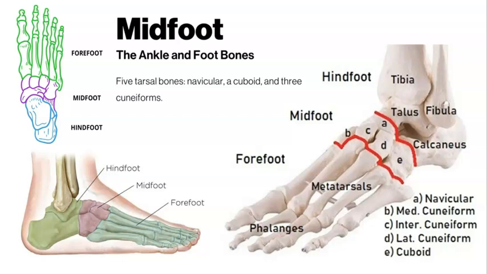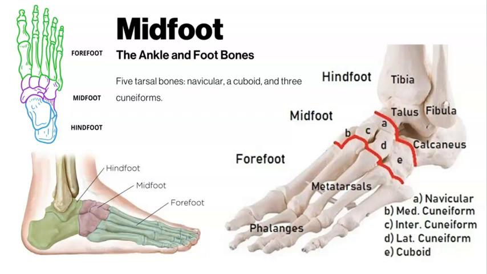We have the navicular bone that is located medially. It articulates with the talus and it's a key support for the medial arch. We have the cuboid, located laterally. It connects to the calcaneus and helps in stability of the lateral side of the foot.